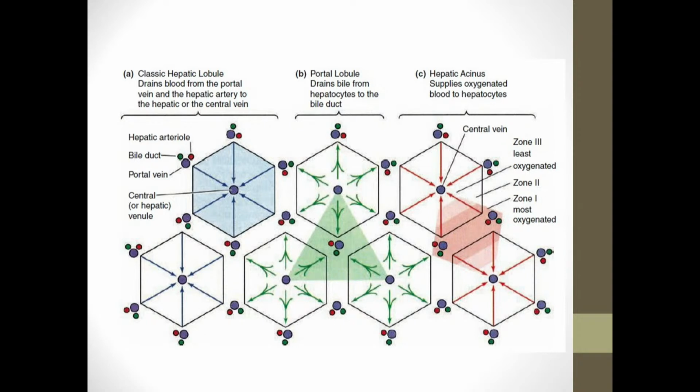The first one is the classic hepatic lobule, and it shows the blood direction: blood from the periphery, from the portal vein and the hepatic artery, runs to the central vein, from the periphery to the center. This is the classic hepatic lobule.